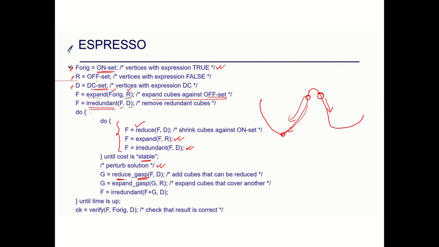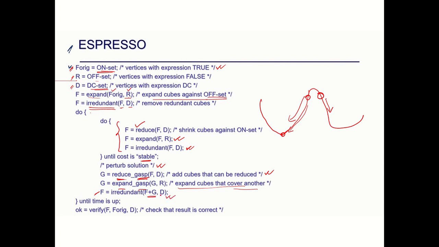Reduced gasp is nothing but adding the cubes that can be reduced further. So we expand again with the help of reduced gasp, expanding the cube that covers another direction. Then we make it irredundant with the help of this function, the reduced gasp, and the don't care.